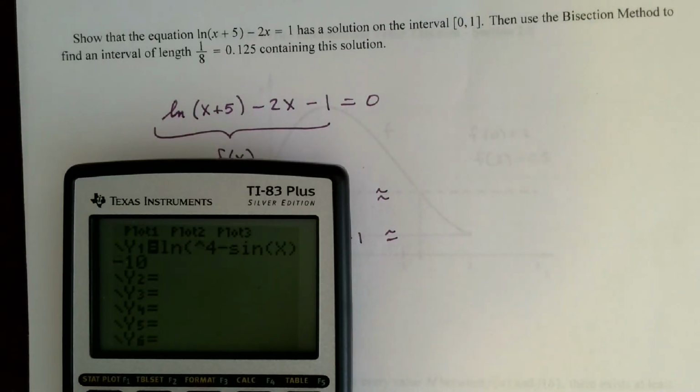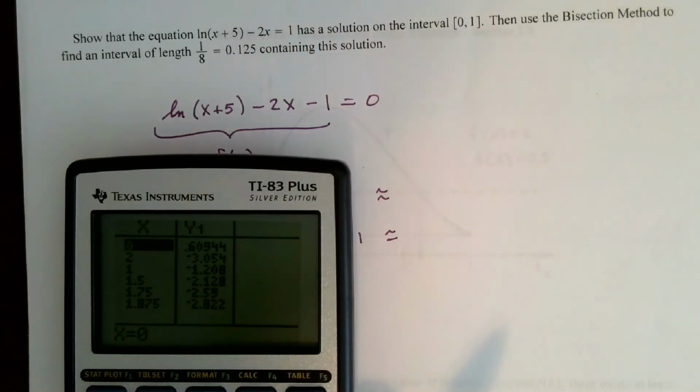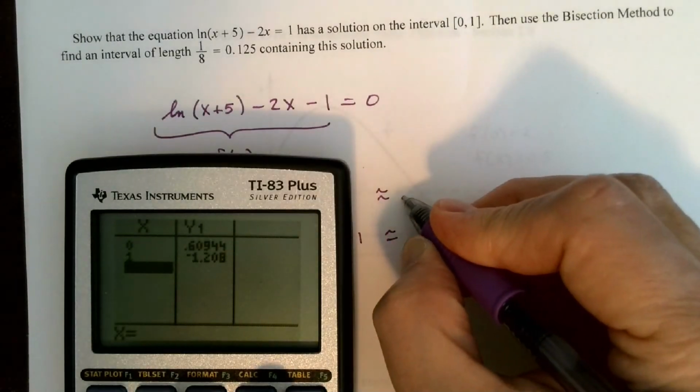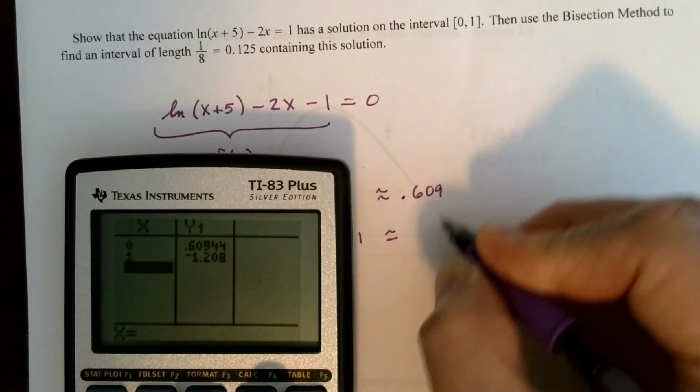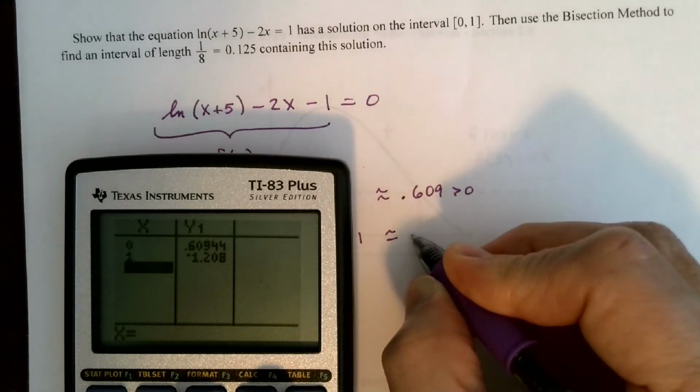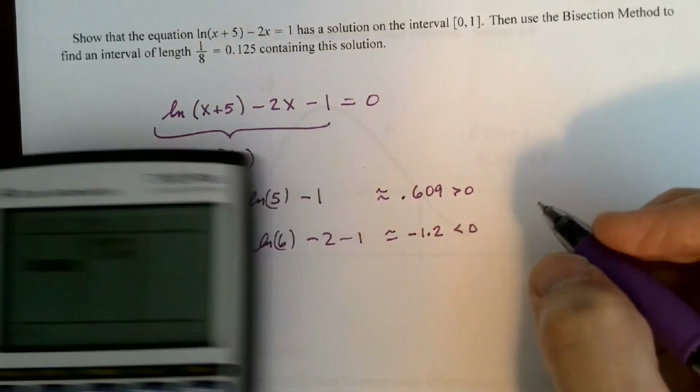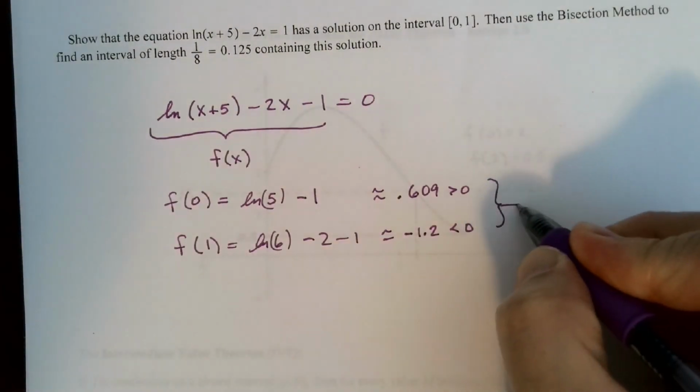So I've got the natural log of x plus 5 minus 2x minus 1. Go to the table. I've got 0 and I've got 1. Delete these other values. So at 0 it's 0.609, which is greater than 0. At 1 it is negative 1.2, which is less than 0. So that tells us there is a solution in this interval.